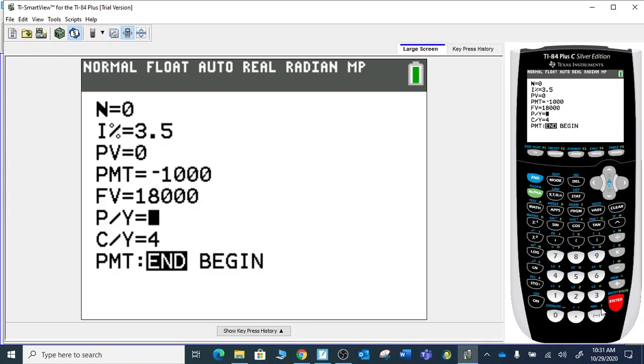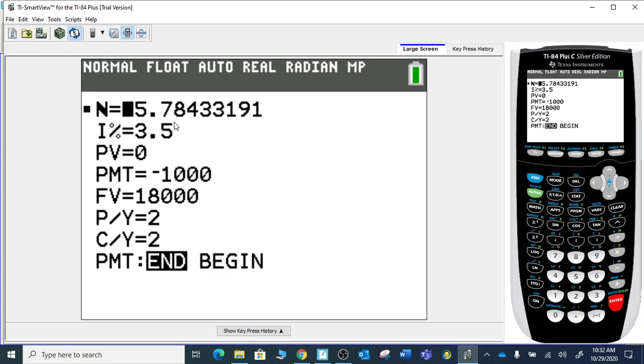When we make payments, they're twice a year and it's being compounded again twice a year. So now that I have all my details, going back to N, and remember again, it's alpha, enter to get my N value or whatever I'm looking for.